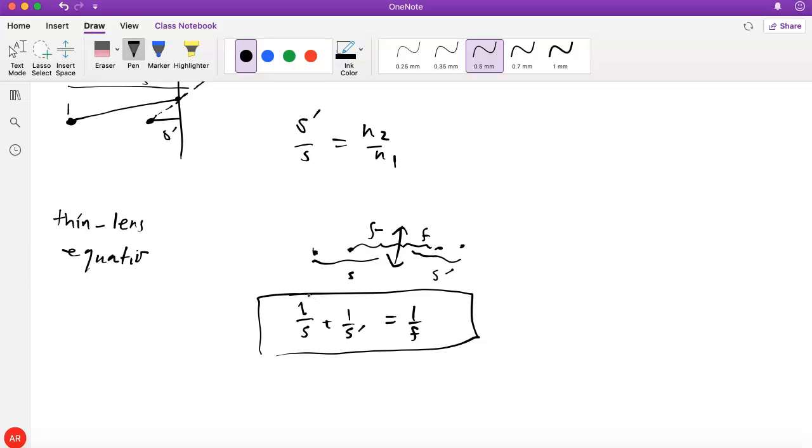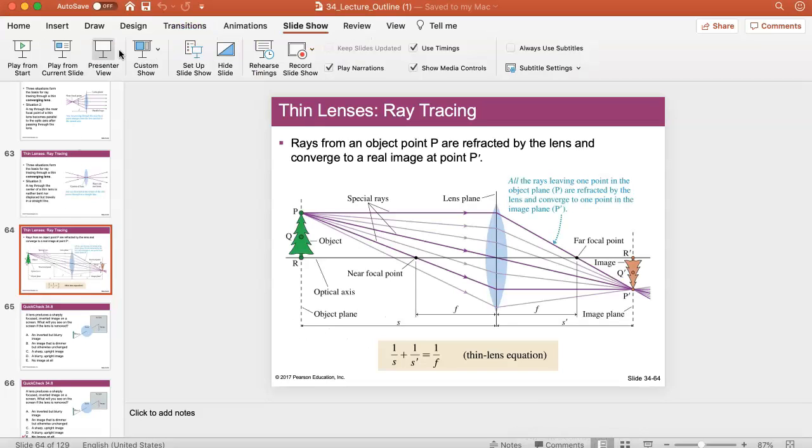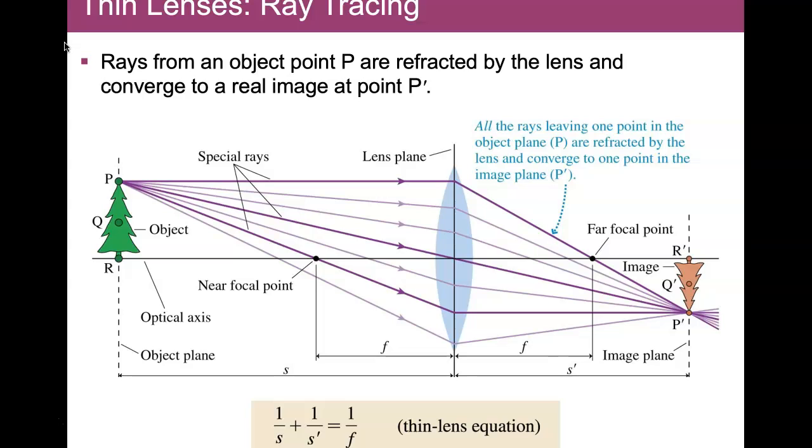In this case, these are all positive numbers. The object is on one side for a converging lens, and the image forms on the other side. f is a positive number. That's how we derive this equation. Okay, let's go back to the slides.